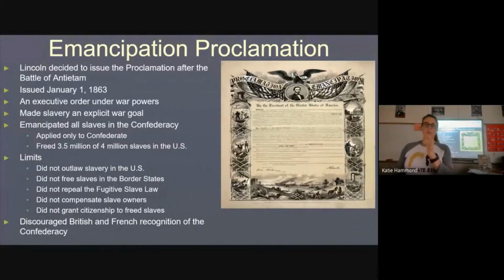So, cotton diplomacy. We know that the CSA really focused on saying, hey, we know England's going to help us and want to break the blockade because they want our affordable cotton. Prime cotton, affordable price. What's going to happen? England doesn't want to risk breaking the blockade.